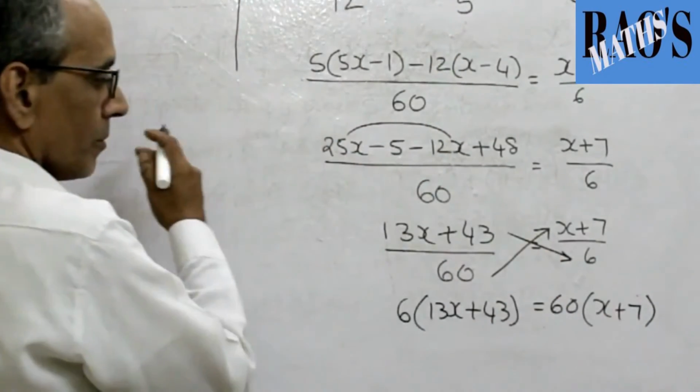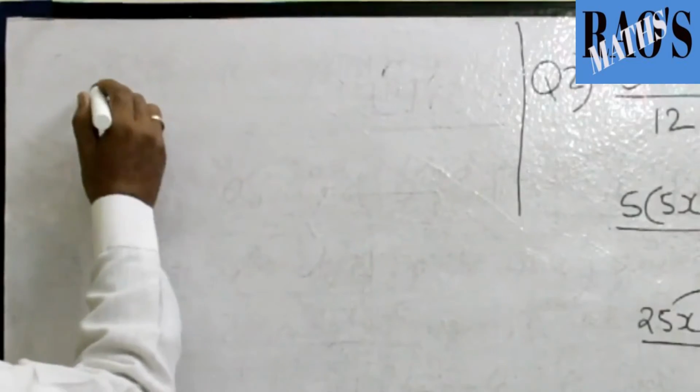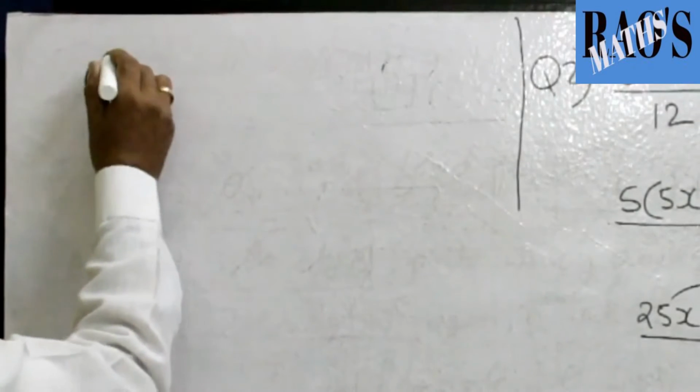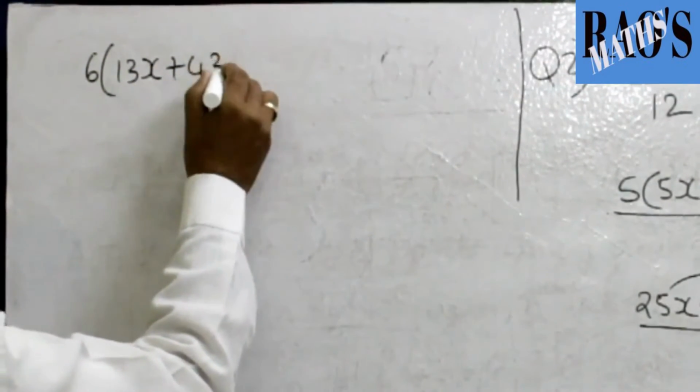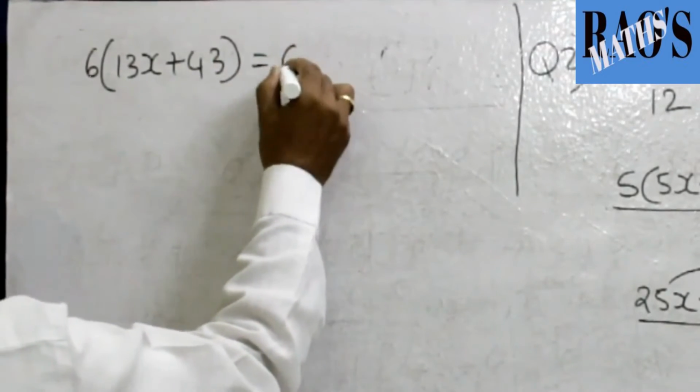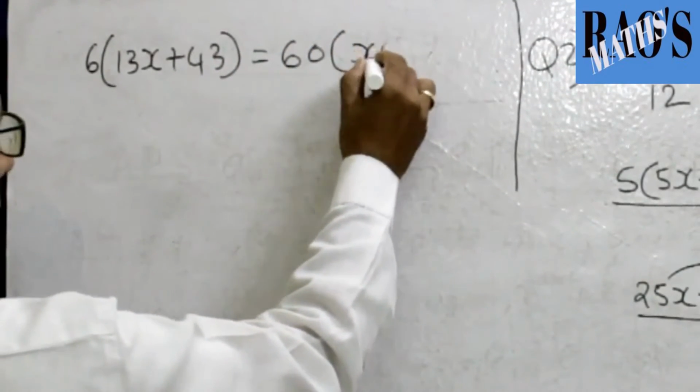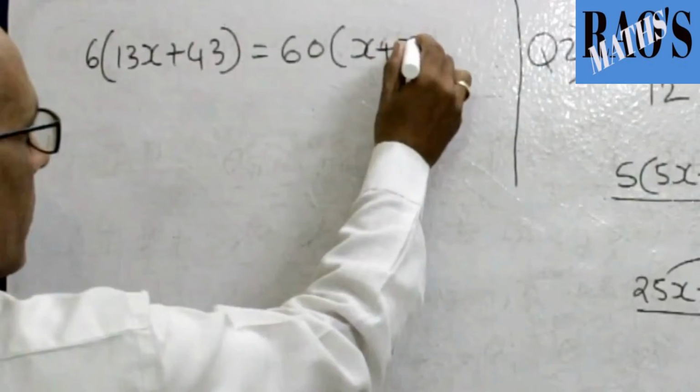I continue here. So 6 of 13x plus 43 is equal to 60 of x plus 7.